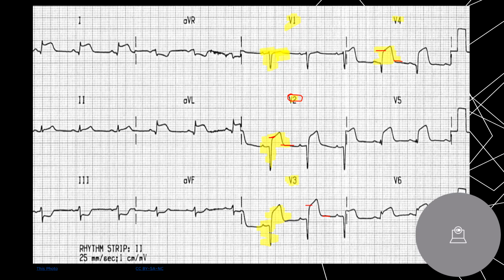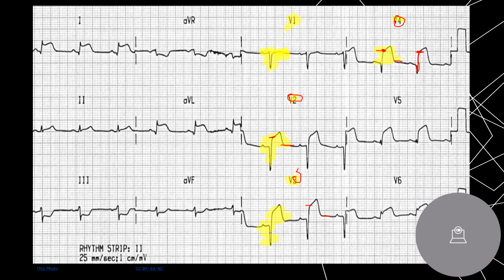Baseline, J point. This is where the QRS terminates. By termination, how do I know that? Because the QRS comes up. Where's the first change of direction into the new wave? It's here. That is your J point. That is considered termination. So elevation in V2, V3, V4.